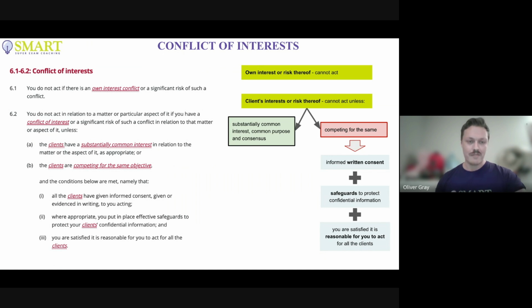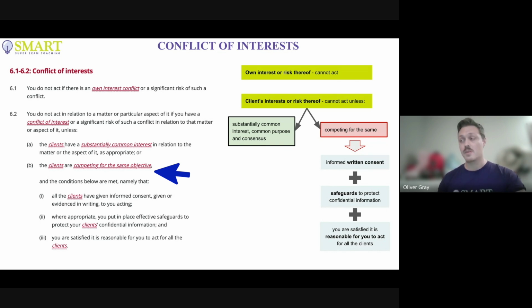What we have here in 6.2 is where we have a substantially common interest in relation to the matter or an aspect of it. An example would be where you have two parties working together as buyer and seller, perhaps. Now, normally you would say, okay, that's a conflict of interest. They don't necessarily want the same thing. They are perhaps competing for the same objective, but there are things left to be negotiated. Maybe there are some issues with the title.